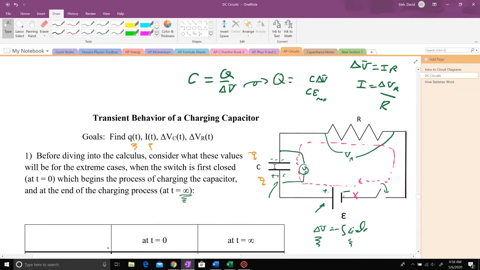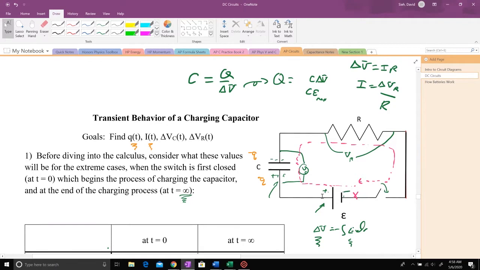But at the start, at the first instant, there's no charge on the plates yet. So there's no delta V across the capacitor. You say, but wait, if I go all the way around, the delta V's got to be 0. So I go up EMF here. I'm going to go down EMF from one side to the other side of the resistor. Because certainly if I'm going to flow through this resistor, I'm going to dump energy. There'll be a delta V here.